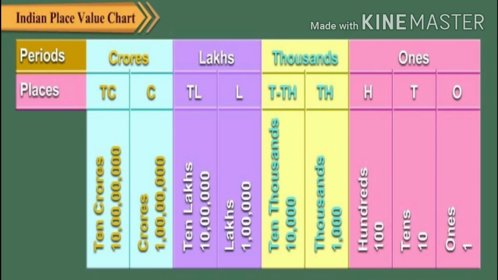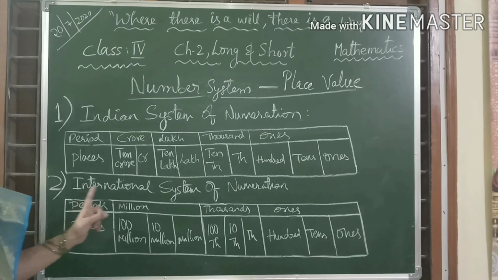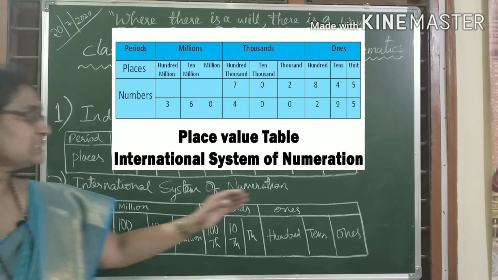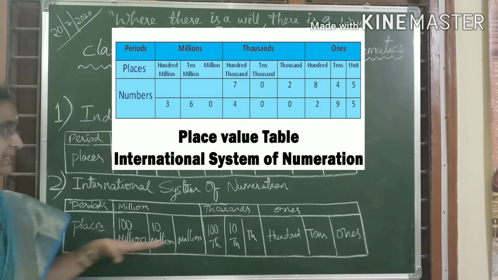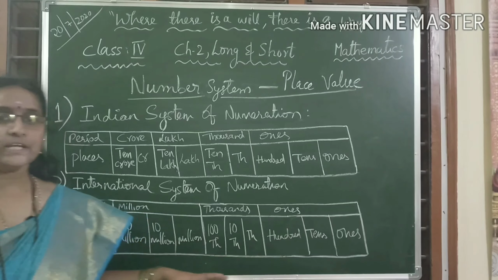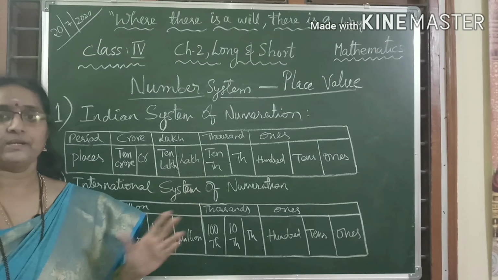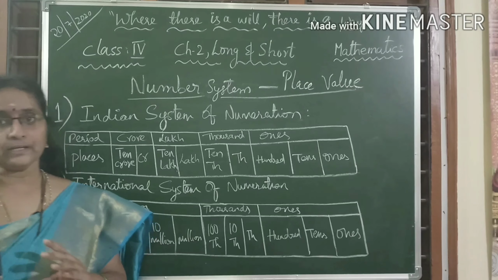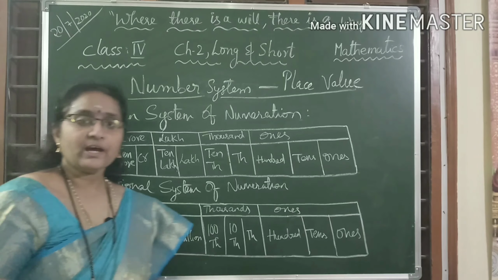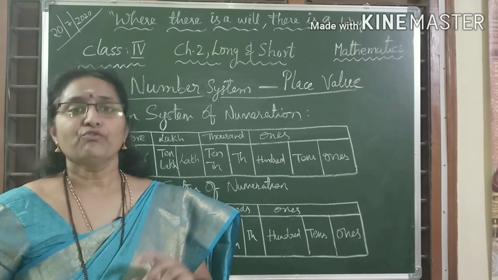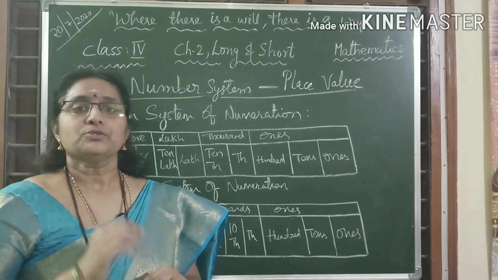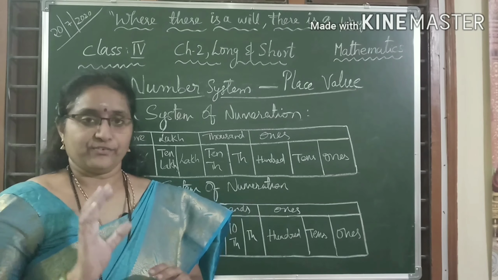But in the international system of numeration, each period consists of 3 places. Mostly we will use the Indian system of numeration while reading and writing numbers. When we are writing and reading the numbers, we use commas to avoid confusion.